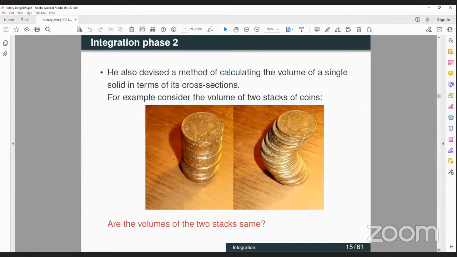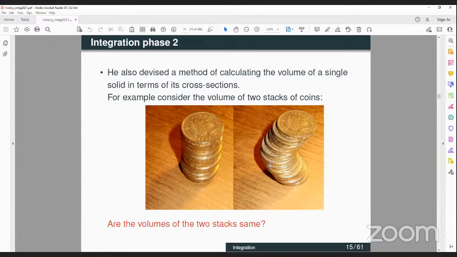For example, here is a stack of coins, and if I bend the stack, the volume does not change. You can think of each coin as the section taken at a plane at a particular height, so each section has the same volume. So the volume of this is equal to the volume of this by Cavalieri's principle.